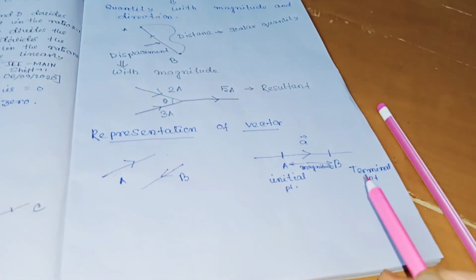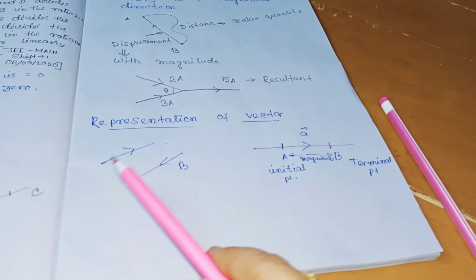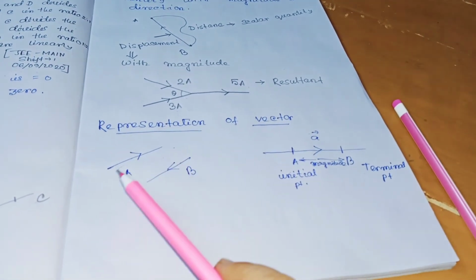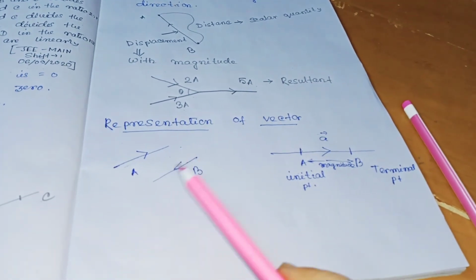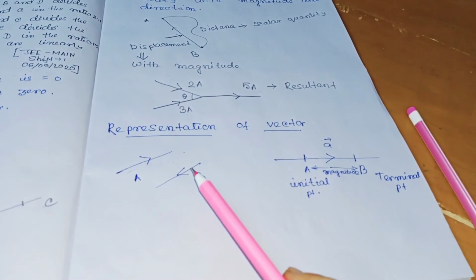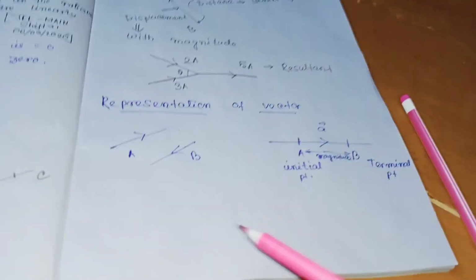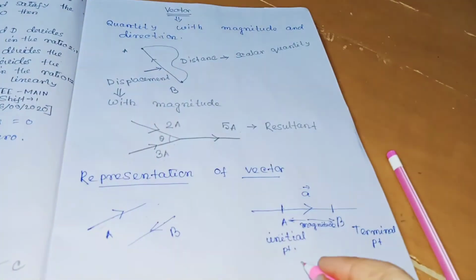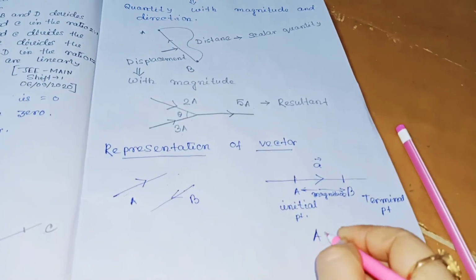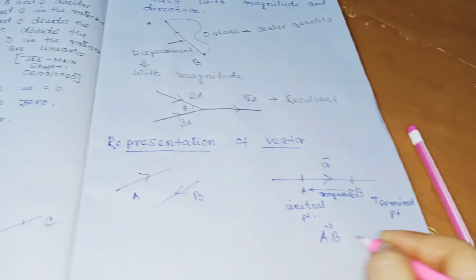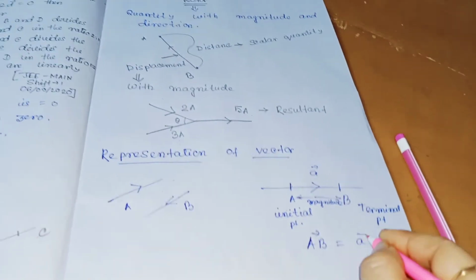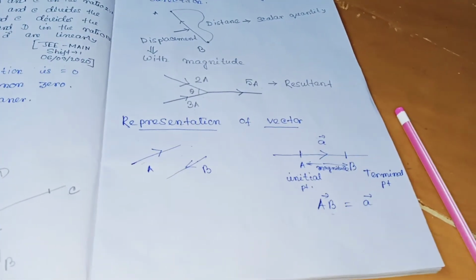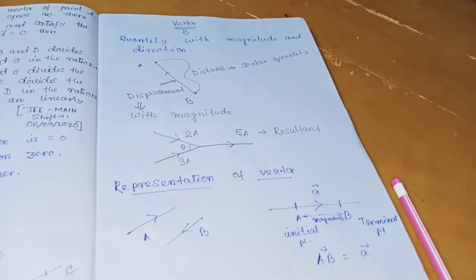So it is clear that when we take an arrow, this arrow shows that the vector goes this way, and this vector goes in the reverse way. So that is a vector. We may write that AB vector is equal to A. Just write it this way.